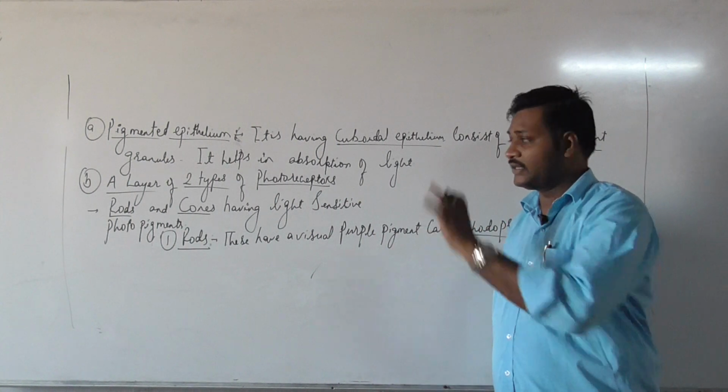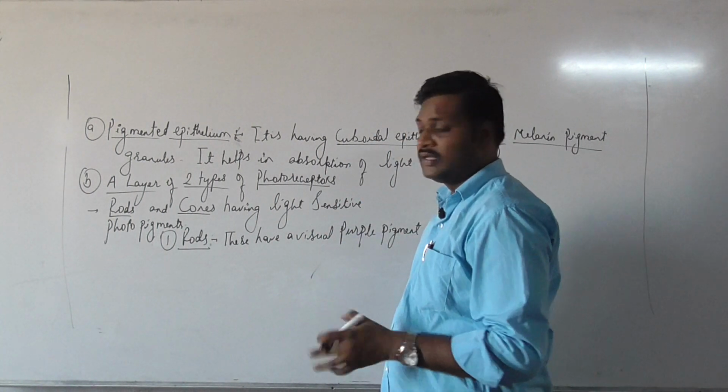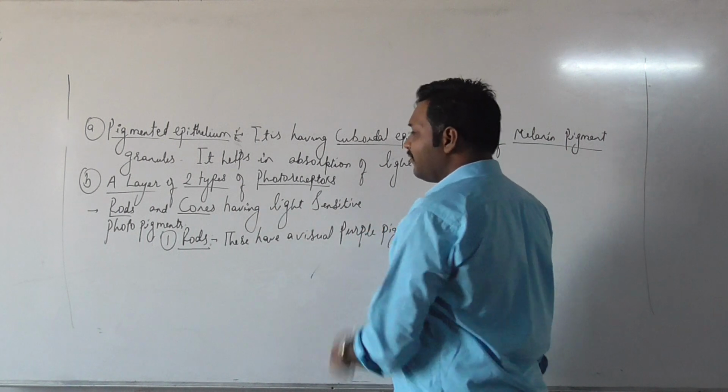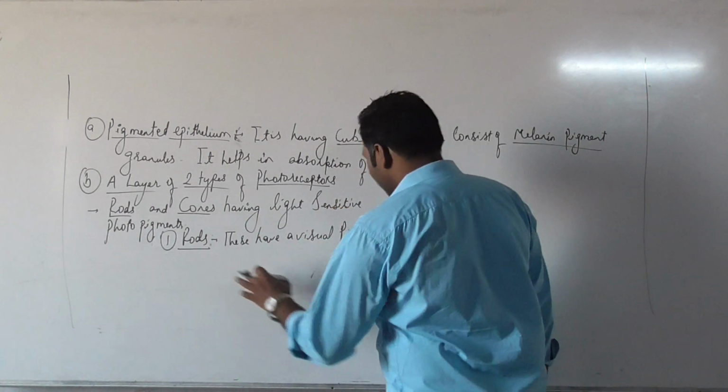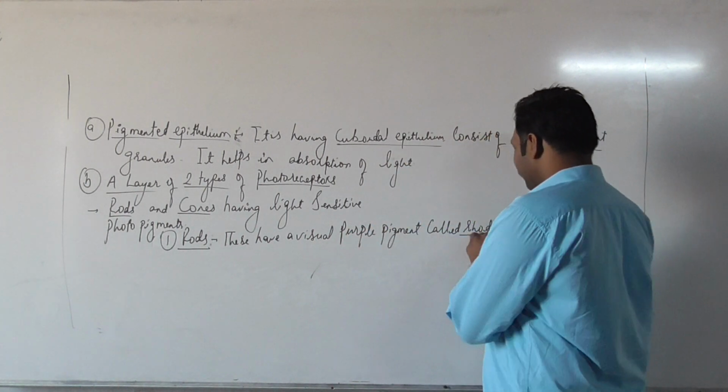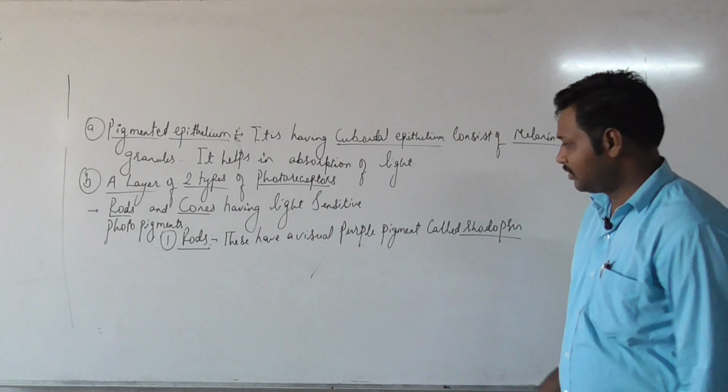Two types of cells, rods as well as cones, have light sensitive photopigments. The light sensitive photopigment found in the rod is the purple pigment, which is called rhodopsin.